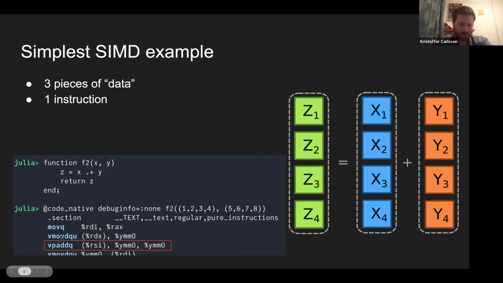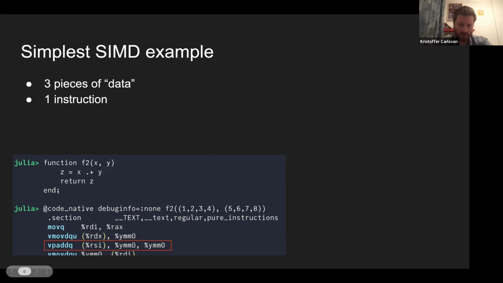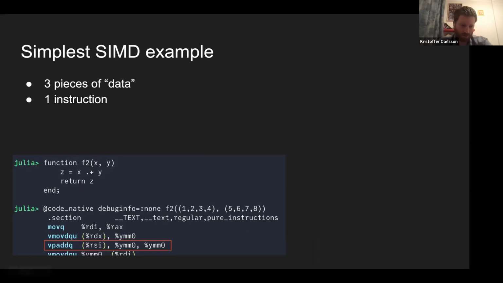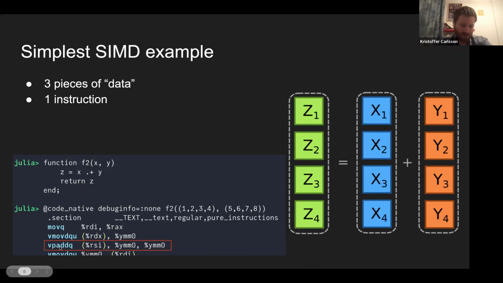What happens then is that we only get one SIMD instruction. If we go back and look, we had this addq here, add quadword. And then if we go forward, we have this vpaddq, where v is for vectorized and p is for packed. So basically there's one instruction that will execute this whole thing at once.